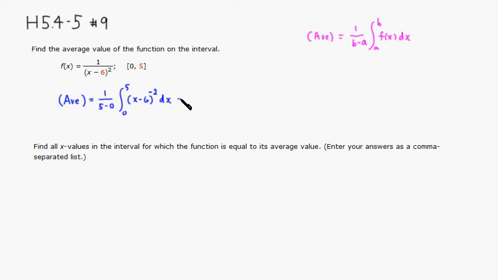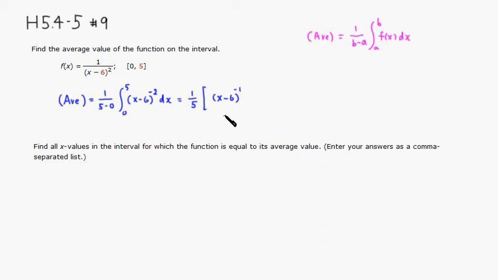So this is going to be equal to 1/5. Then we have to find the antiderivative. The antiderivative of this would be my quantity x minus 6, add 1 to the power, so it's going to be negative 1.